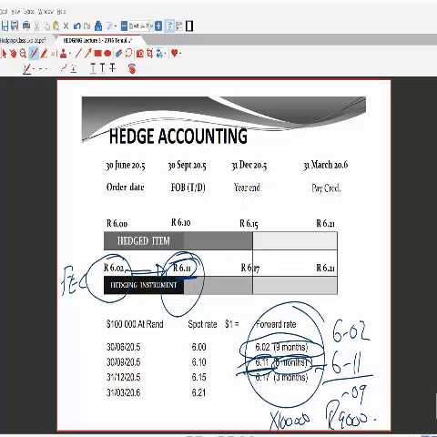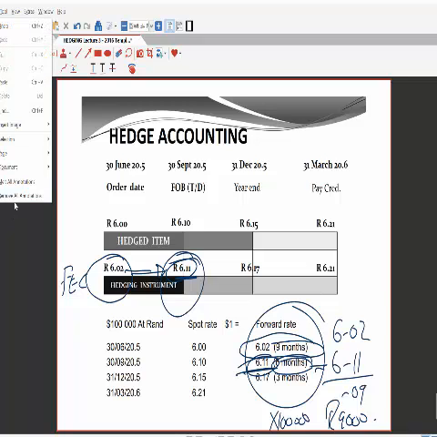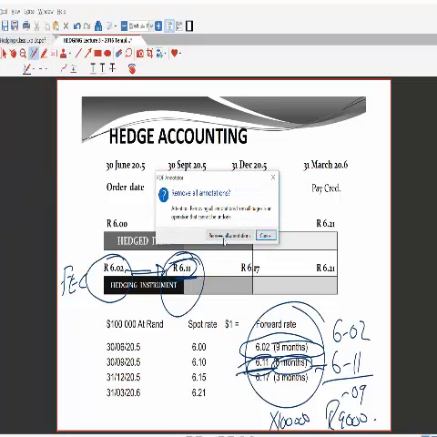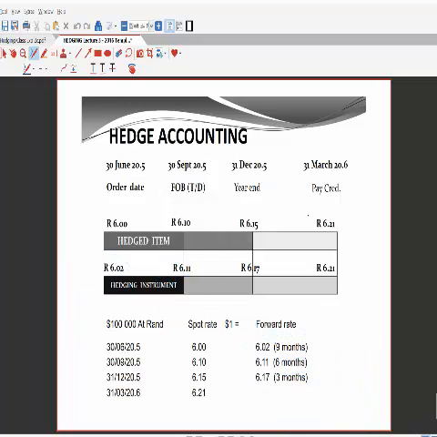On the other side, we now have the firm commitment. Now the firm commitment moves in the same direction as the asset or liability will move, in other words your creditor. So if the spot rate increases, then you are making a loss. If the spot rate decreases, then you are making a profit.